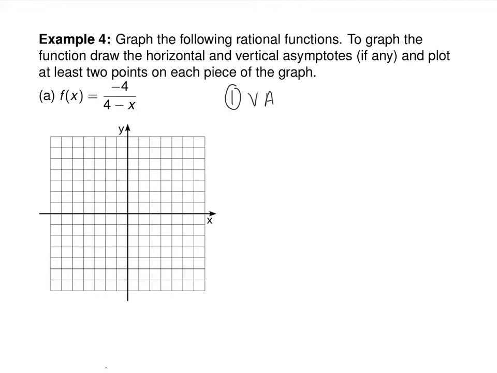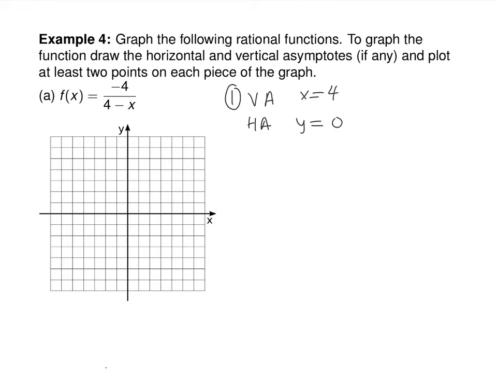So the VA is, the HA is. So what is the vertical asymptote in this particular case? X equals 4. Does that make sense? Okay. How about the horizontal asymptote? Y is 0, yep.